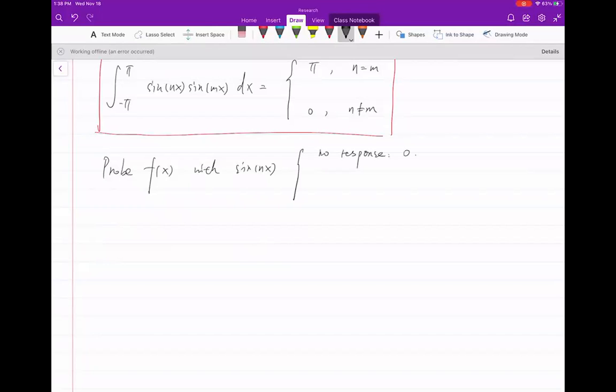Or you may have a non-zero response. Okay, that basically tells you this f(x) contains this signal, and this f(x) does not contain it.